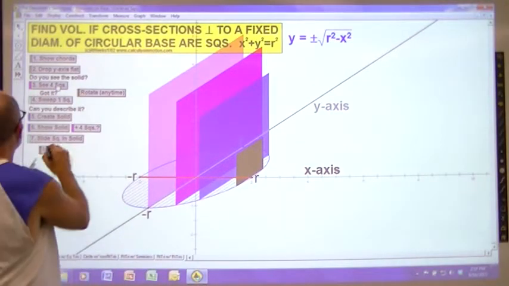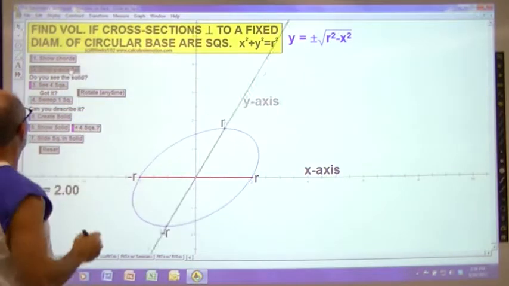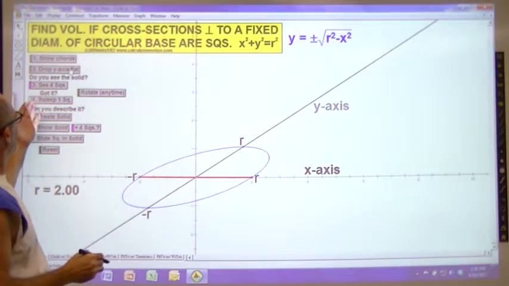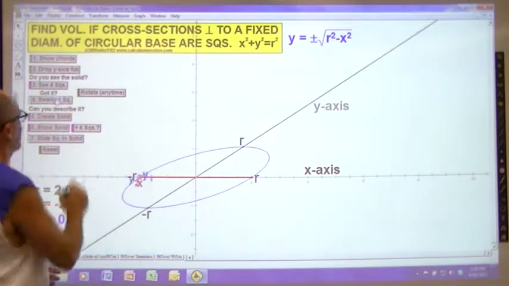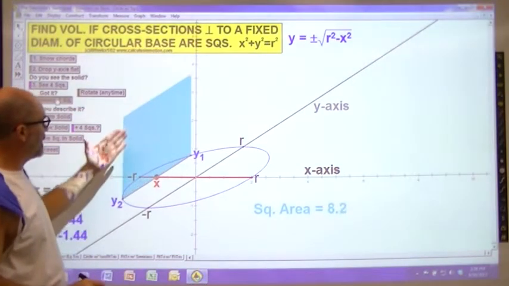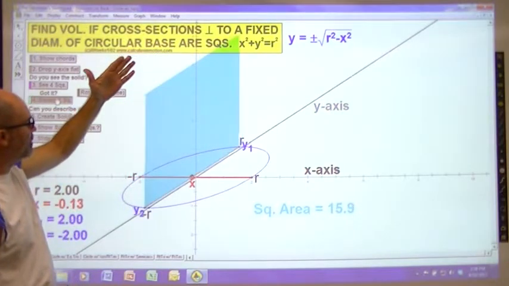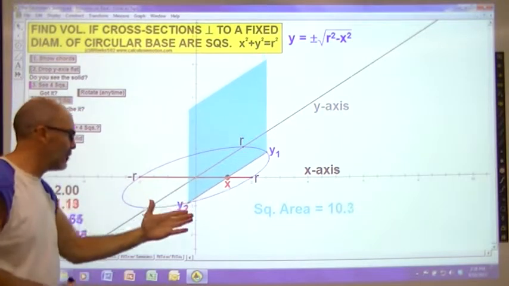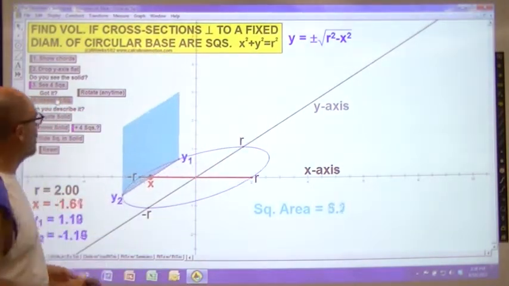So now, what we're going to do then is show the sweeping of the squares. See, the squares get bigger and bigger and bigger until they get to the very center, and then when they get to the center, they start to get smaller and smaller and smaller till they get to the other edge where the last one would be 0.